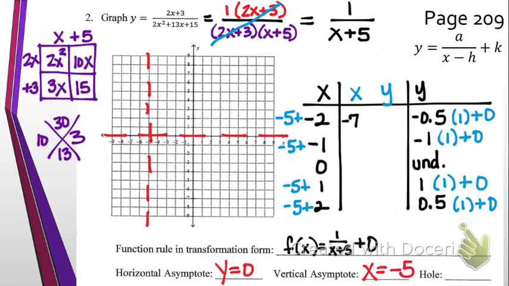So we got what? -7, -6, -4, -3. And then these are all the same.